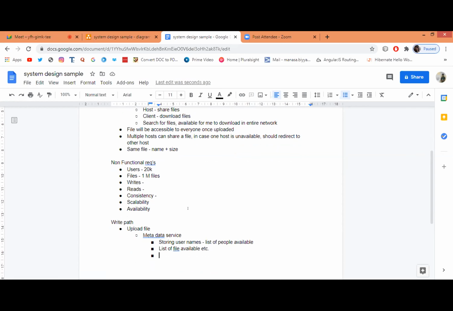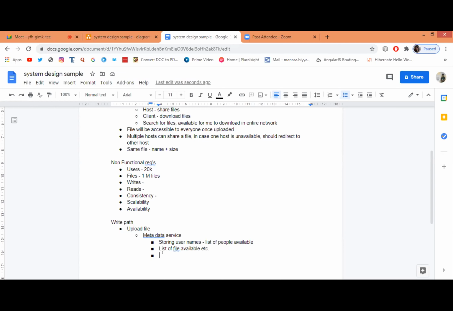In terms of the metadata store, we need a database to store this data. By looking at the requirements, it's not very high scale data.